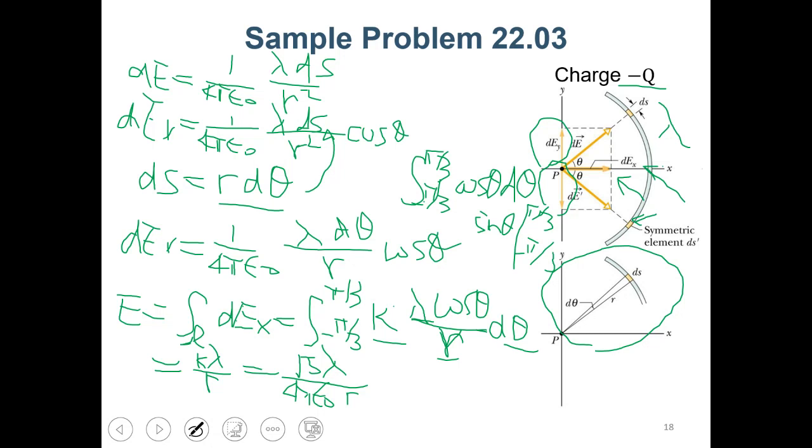Actually, we still need to cancel the lambda because we know the total charge is minus q.